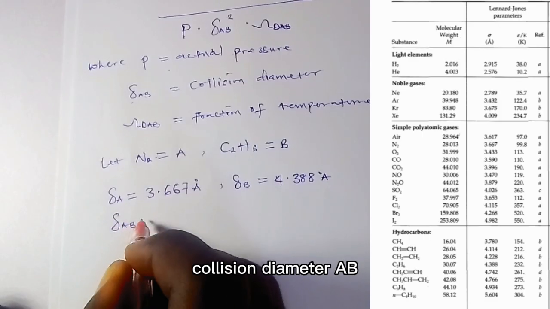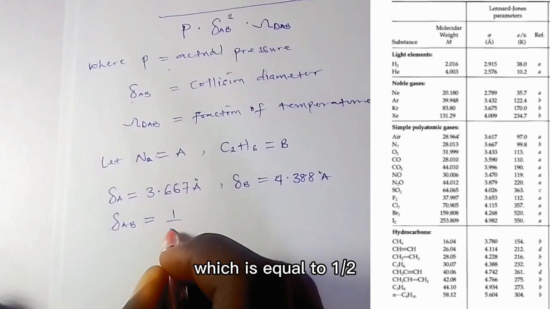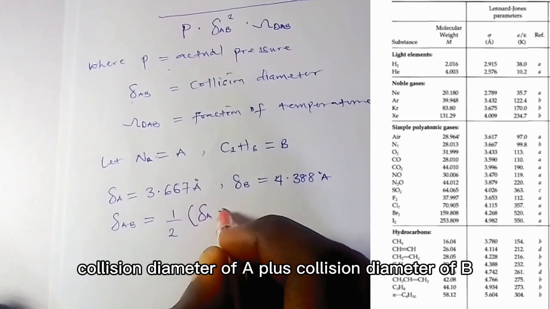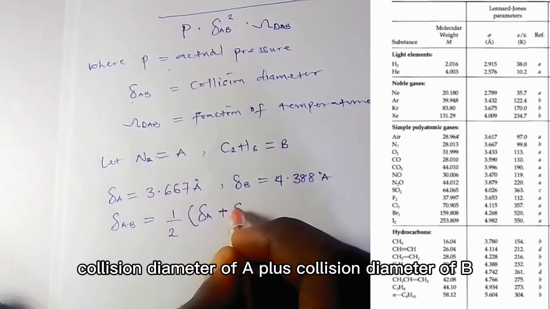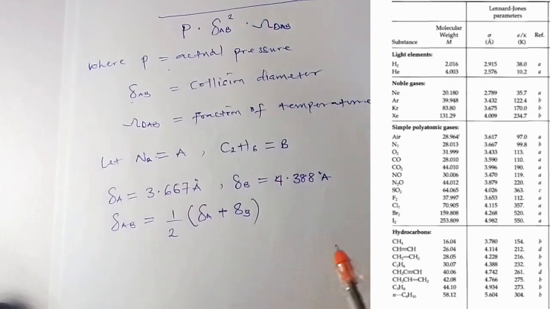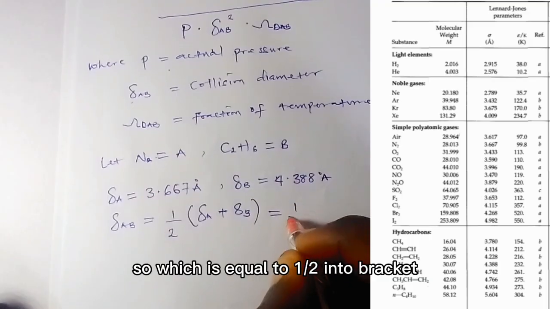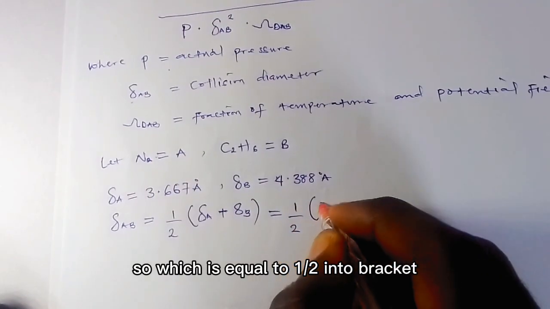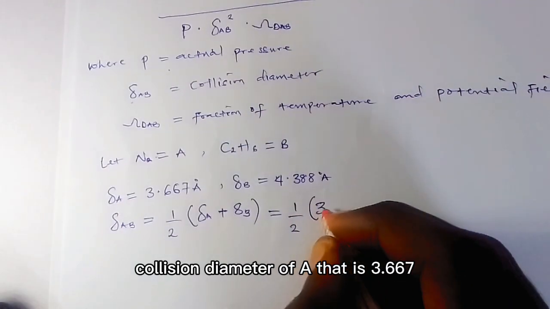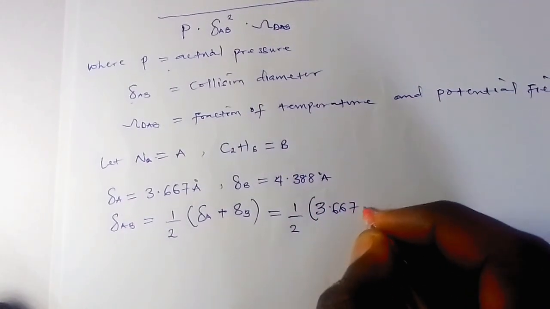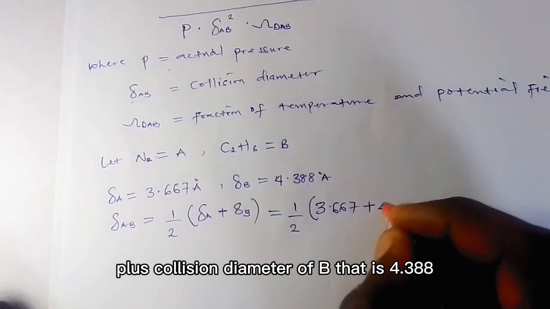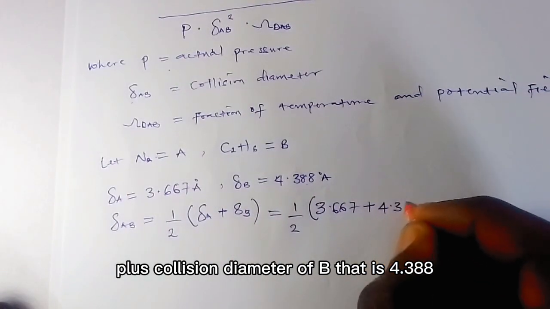The next thing is for us to get our collision diameter AB, which is equal to 1 over 2 bracket collision diameter of A plus collision diameter of B. So which is equal to 1 over 2 into bracket, collision diameter of A, that is 3.687, plus collision diameter of B, that is 4.388.